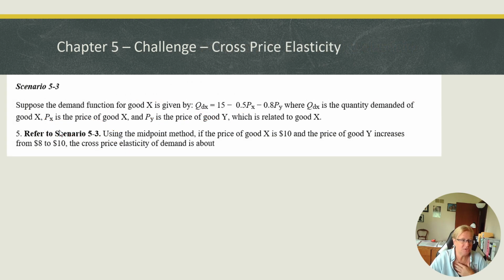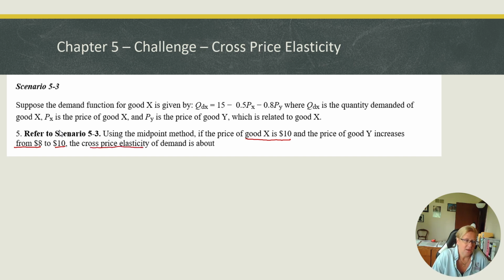Okay, suppose the demand function for good X is given by, we've seen that equation before. Using the midpoint method, if the price of good X is $10, and the price of good Y increases from 8 to 10, what is the cross price elasticity?